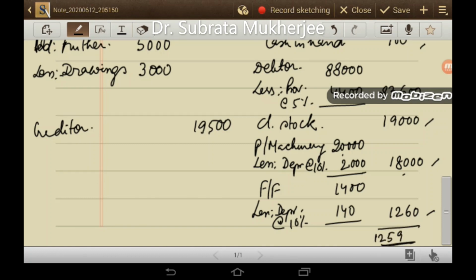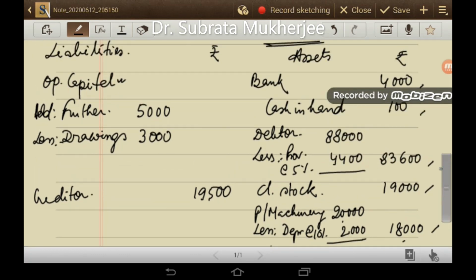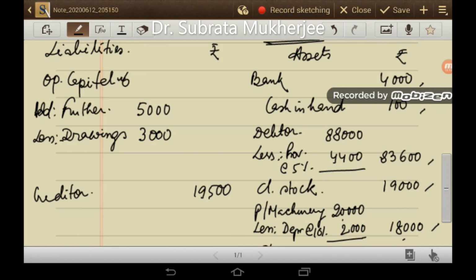So you have the opening capital of 69,000, and your net profit is 35,460 from the profit and loss account we have calculated. So your closing capital will be 1,06,460.